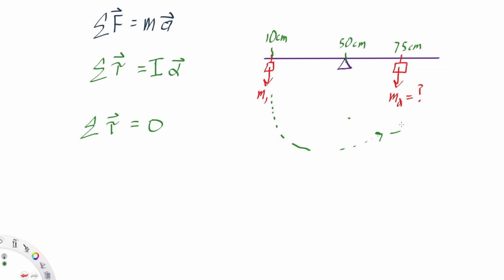So that's negative, whereas mass 2 would tend to make it rotate in the opposite direction. So that'll be our positive. So our sum of torques is going to be torque due to mass 2 minus the torque due to mass 1, which should equal 0. How do we calculate how much torque each mass exerts?